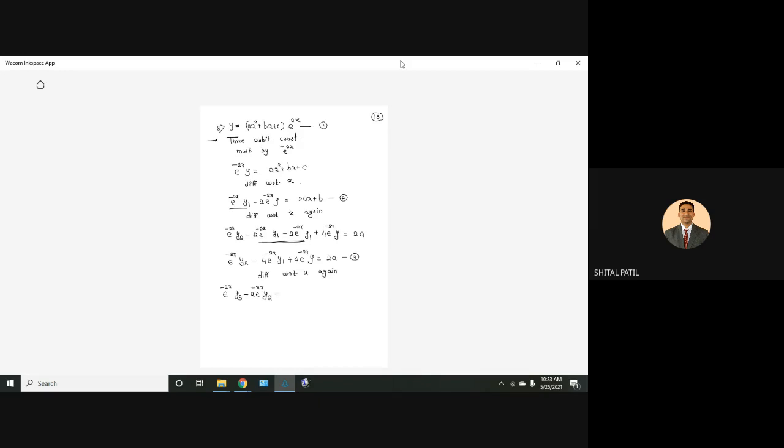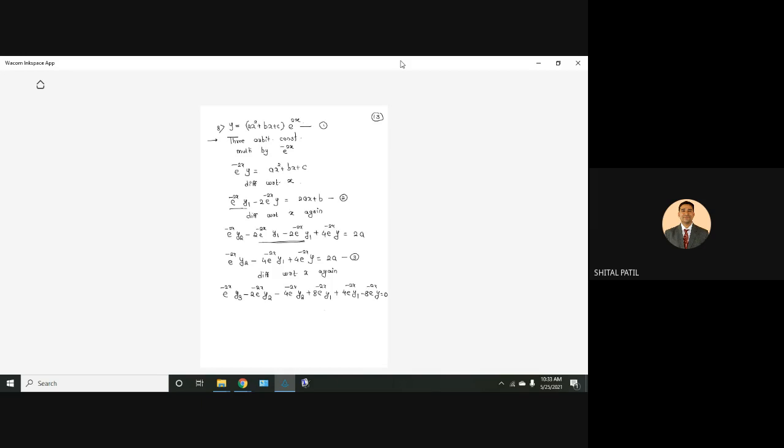Derivative of the next term: minus 4 e raised to minus 2x as it is, derivative of y1 is y2. 8 e raised to minus 2x y1 as it is. Derivative of the last term: plus 4 e raised to minus 2x as it is, derivative of y is y1. Next, minus 8 e raised to minus 2x y, and derivative of constant is 0.